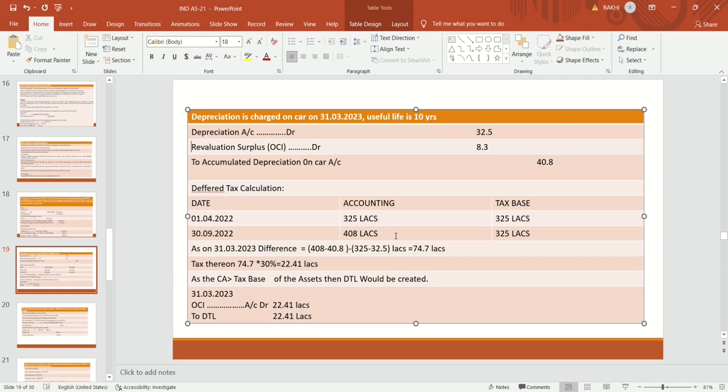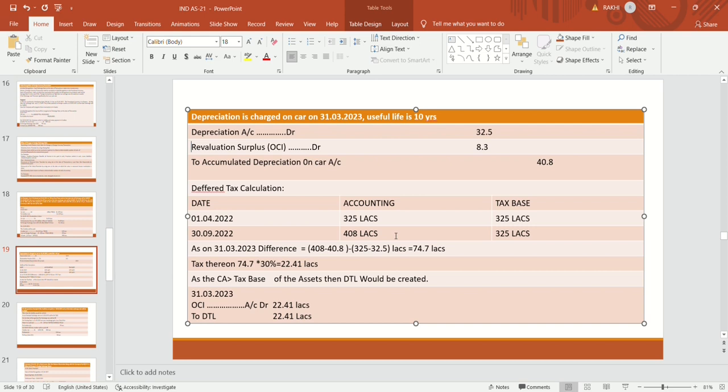As the carrying amount of the asset is more than the tax base, as per Ind AS 12, a DTL will be created. DTL would be created because it's an asset; for the opposite case, a DTA would be created.